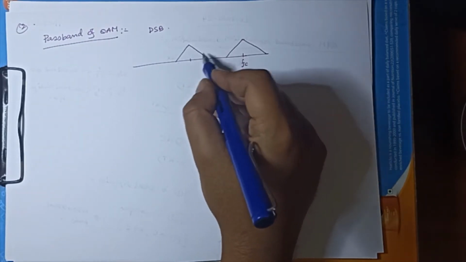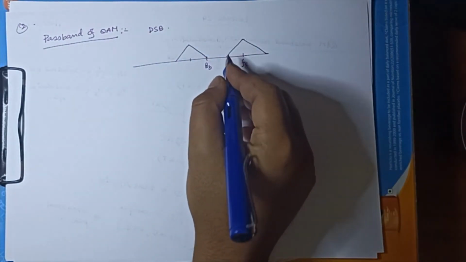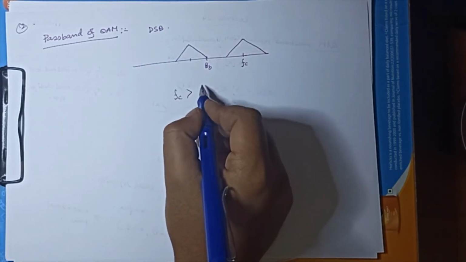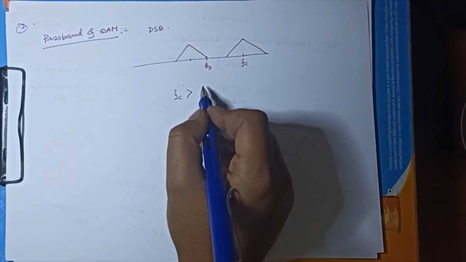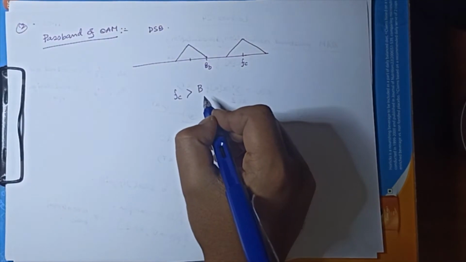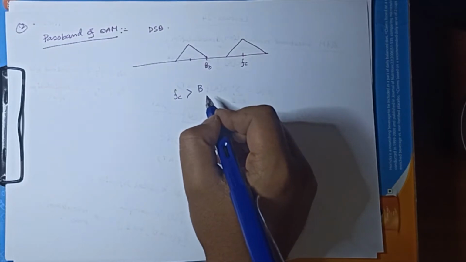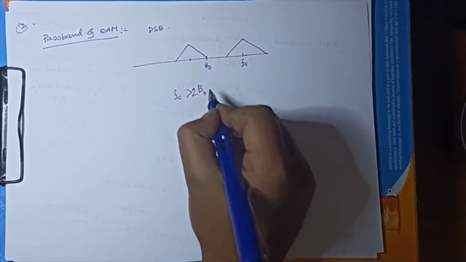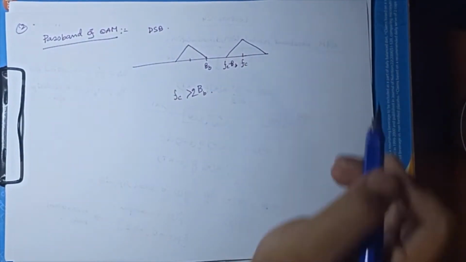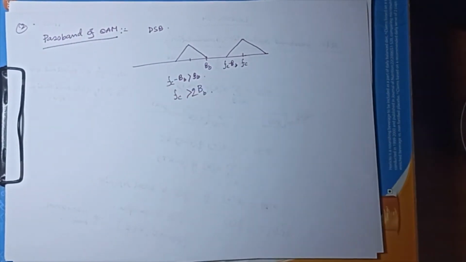Then the condition is basically that F_C minus B_B has to be greater than B_B. So F_C has to be greater than 2 B_B.